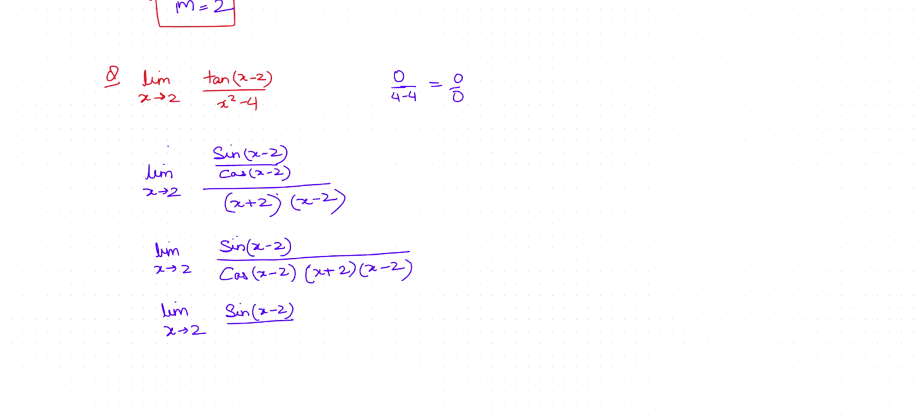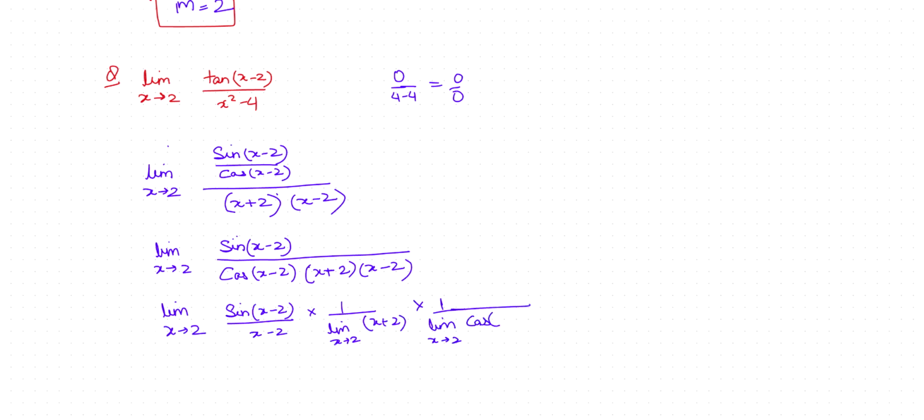So this is sine of x minus 2 over x minus 2, times 1 over the limit as x tends to 2 of x plus 2, times 1 over the limit as x tends to 2 of cos of x minus 2.